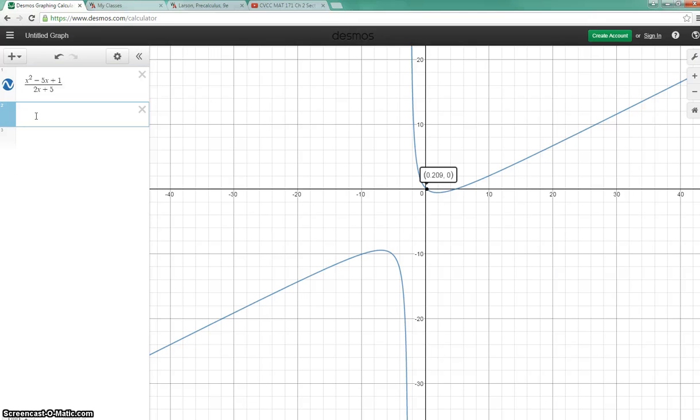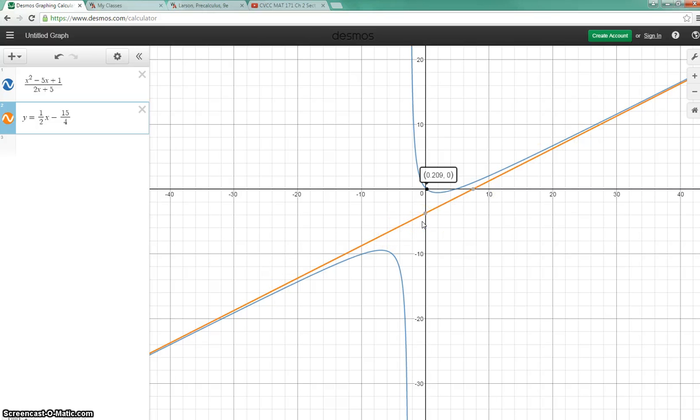I'd get an equation of y equals 1/2 x minus 15, I think I got 15/4. And so that is my slant asymptote.